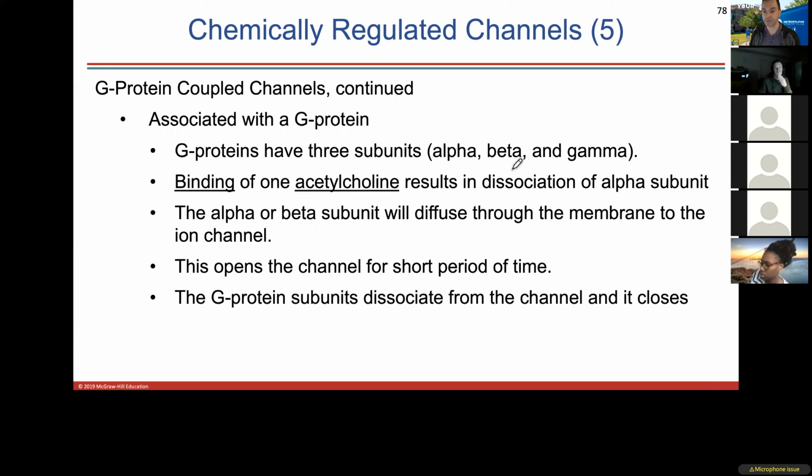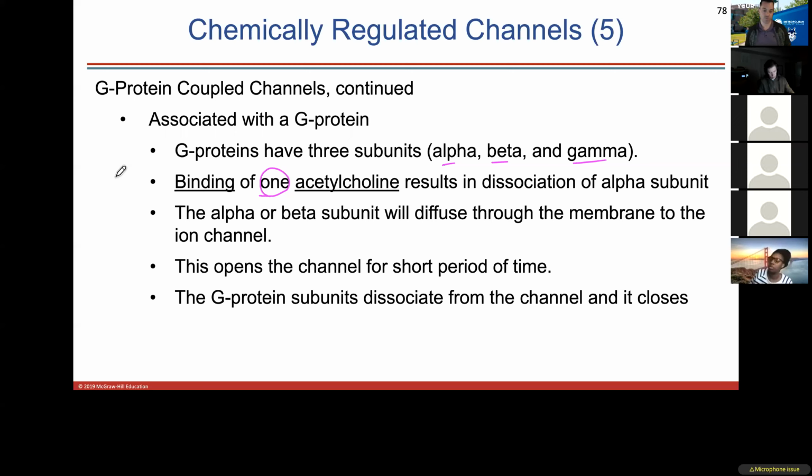All right. So remember alpha, beta, gamma. And here we just have binding of one. We can have one. It can be alpha. It can be beta. If one disassociates, the other ones will run across.